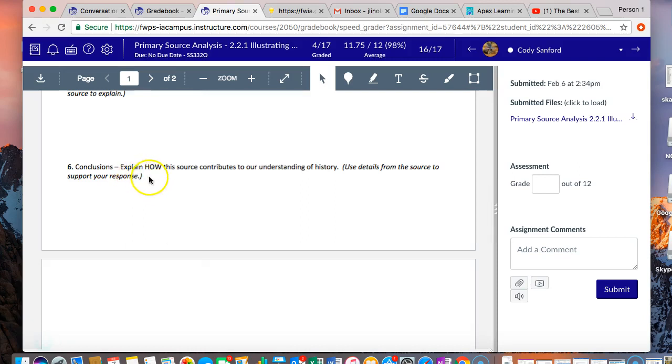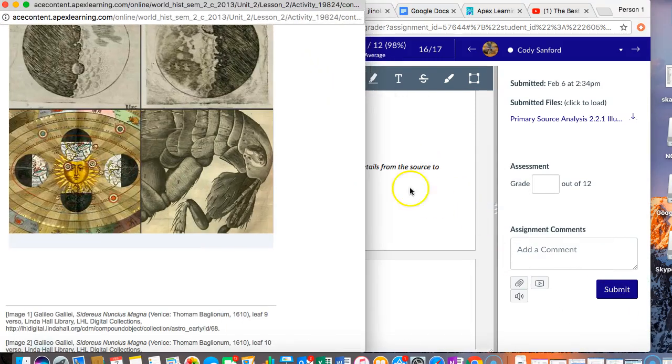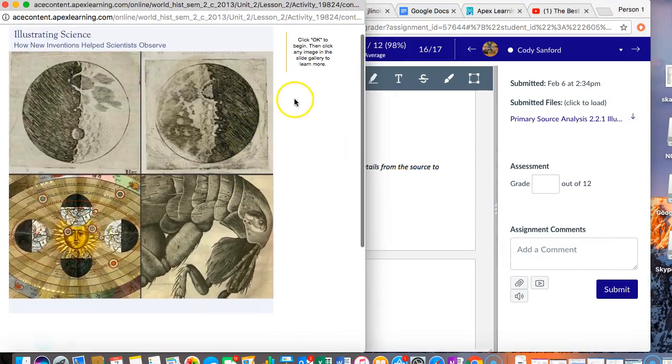And the last one, explain how this source contributes to our understanding of history. And you always want to use details from the source. So, going back, how does this help us understand history? Well, you're going to come at this from the idea that these scientists, the way that they understood the world helps us to understand the world now.